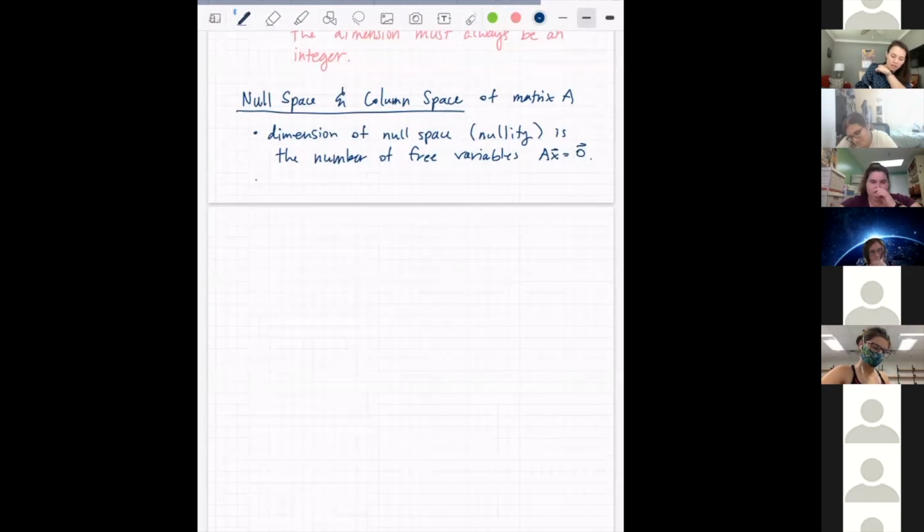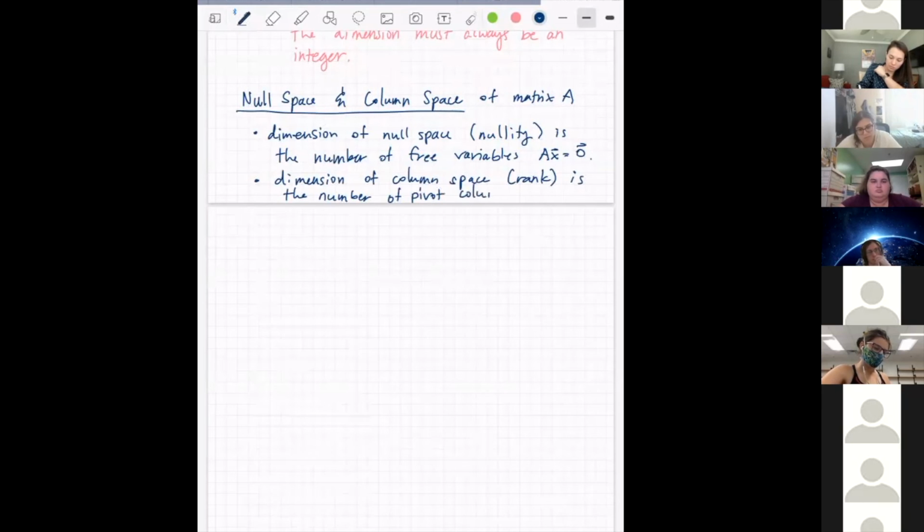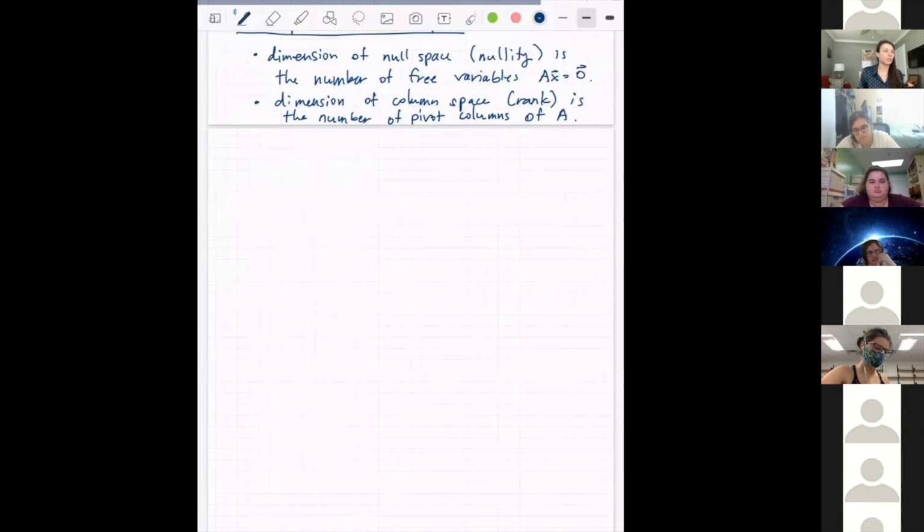Okay, and the dimension of the column space, and remember this was called the rank, is the number of pivot columns of A. Okay, so these are these two notions.